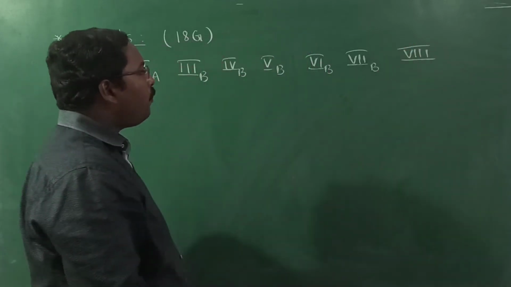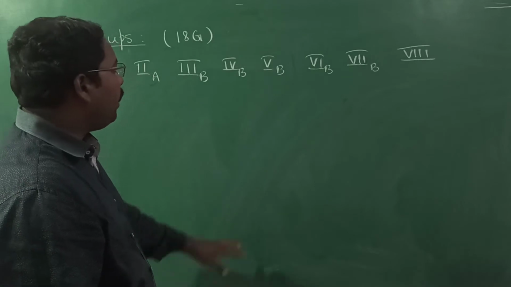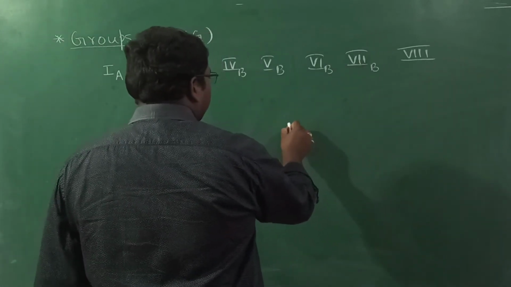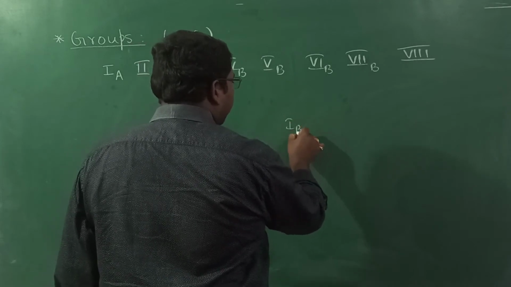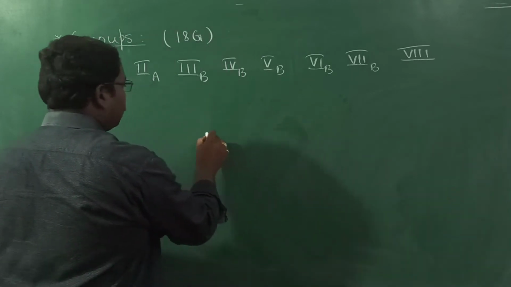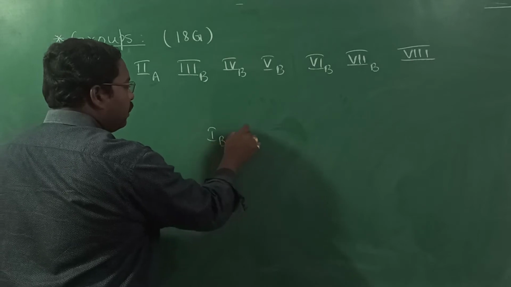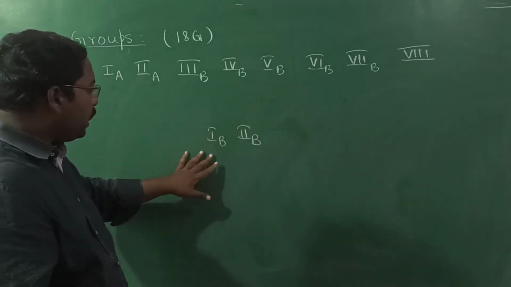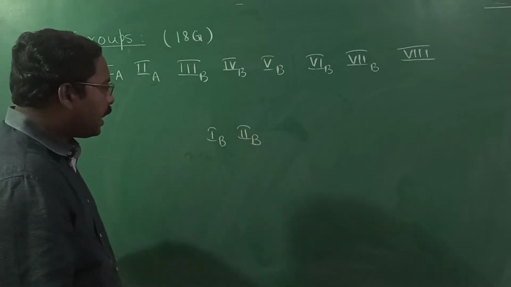So after these A type of groups, here comes our first B, then 2B. After the 8th B type of groups, you will get 1B and 2B.